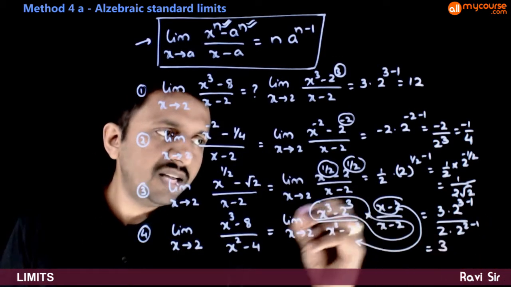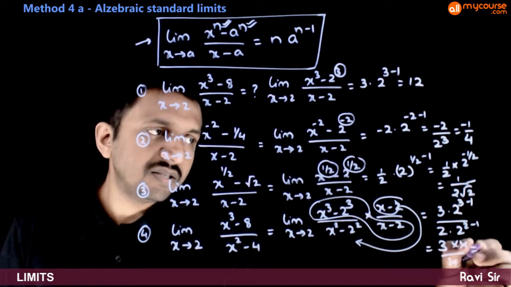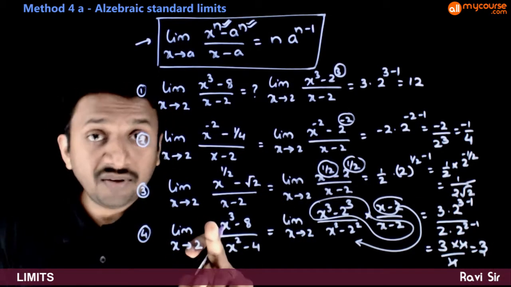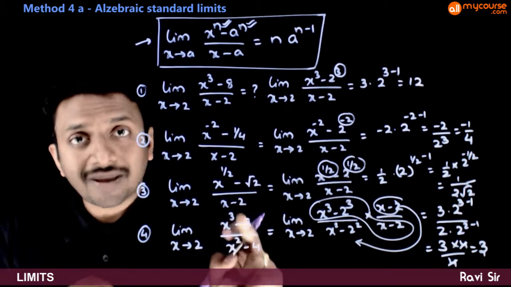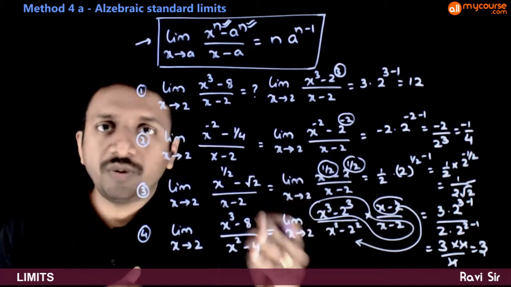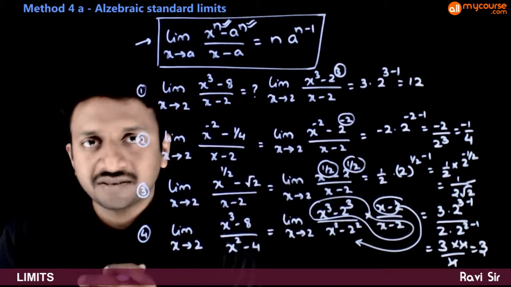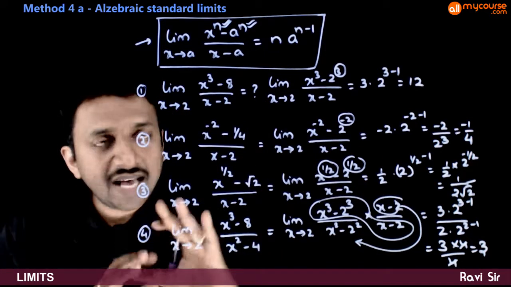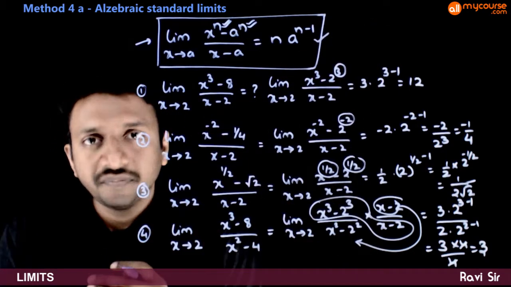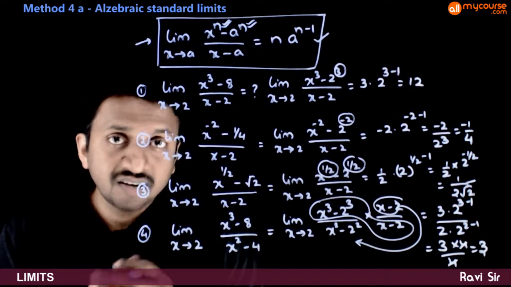So that is equal to 3 into 2 square, that is 4, by 4, which is equal to 3. Even if you have x power n1 minus a power n1 by x power n2 minus a power n2, divide numerator and denominator with x minus a and get the answer. So these are the different cases where you can use this formula. Now let us go to the next type of standard limit, which is trigonometric limits.